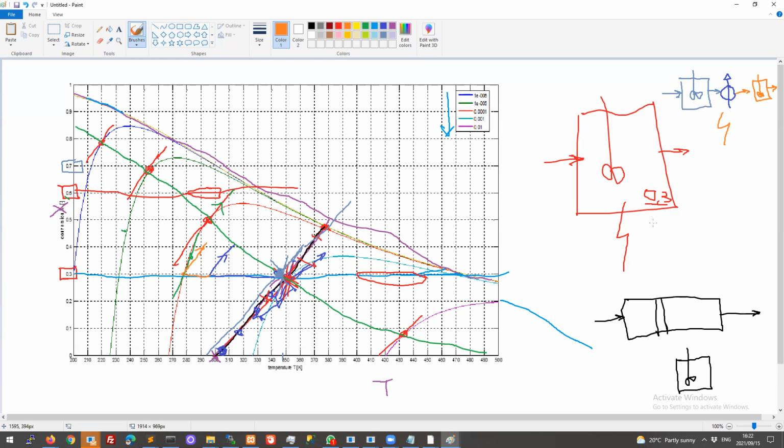So for now, let's just say we will cool back to 250, which is very expensive, by the way, because the moment you go below 300 Kelvin, you have to use refrigerants, right? Remember, 300 Kelvin is approximately ambient temperature.